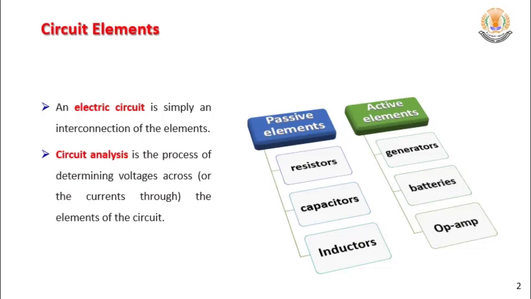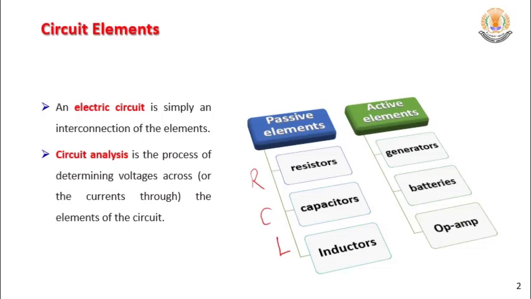Passive like R, resistance, like capacitance, and like inductance. The element itself is called resistor, capacitor, inductor. Active elements are like sources, generators, batteries, and operational amplifiers. You'll see it later. So we have passive and active.